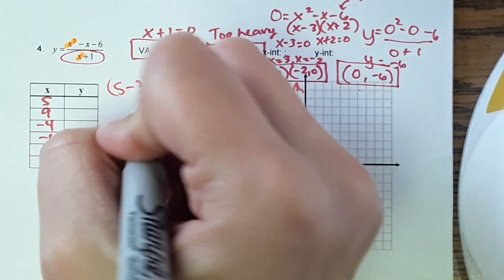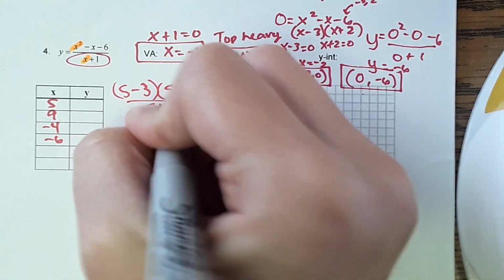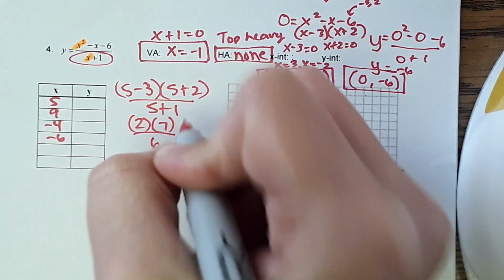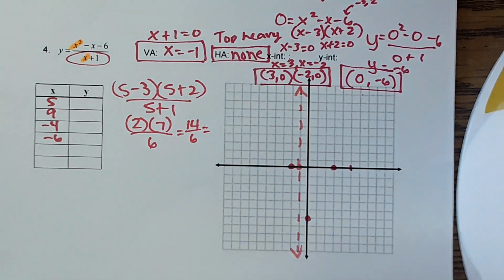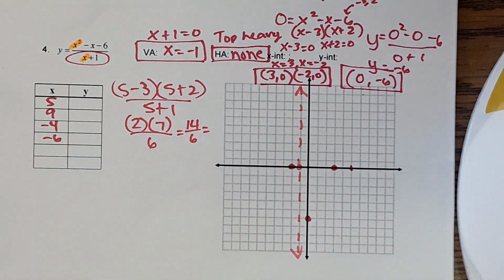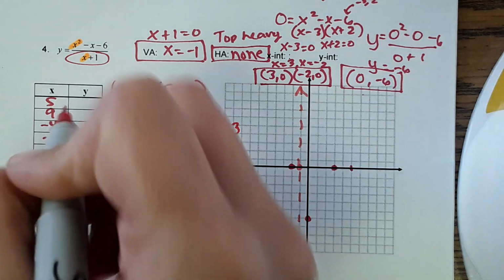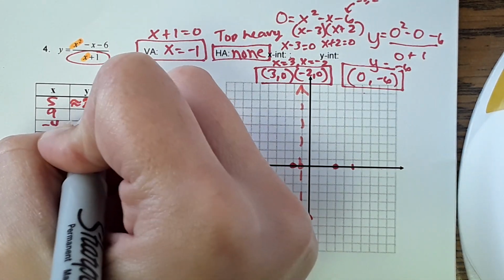So 5 minus 3, 5 plus 2 over 5 plus 1. 2.3.